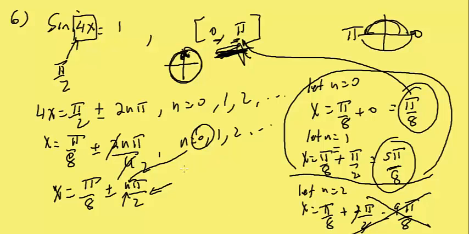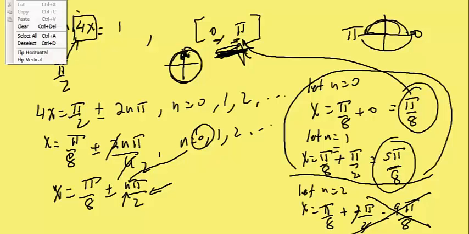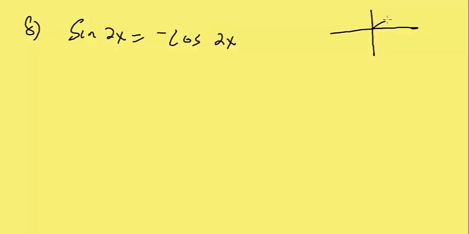Now comes the even more difficult one, which is number 8. Sine of 2x is equal to negative cosine of 2x. The easiest way to solve this one is to just know your unit circle. Remember, at pi over 4, both sine and cosine are exactly the same.